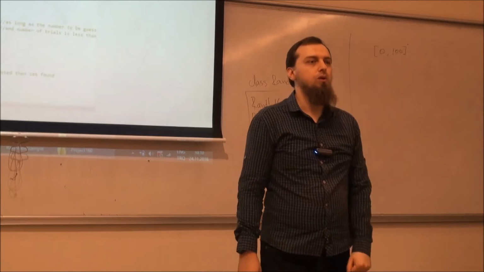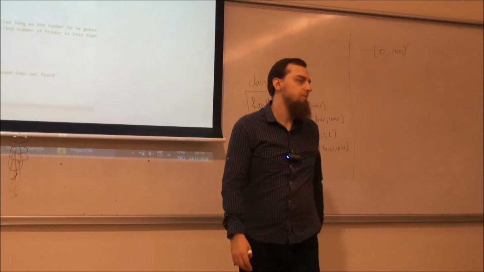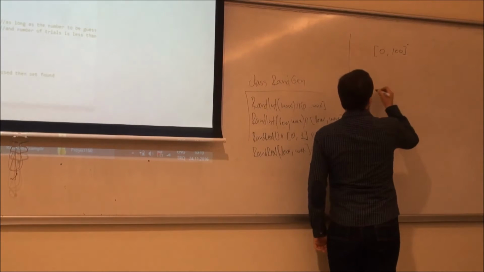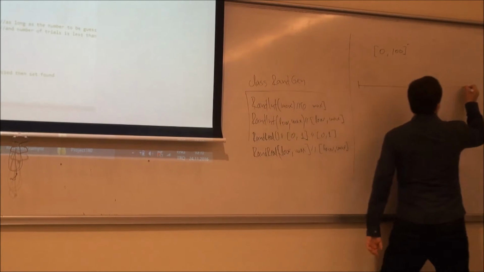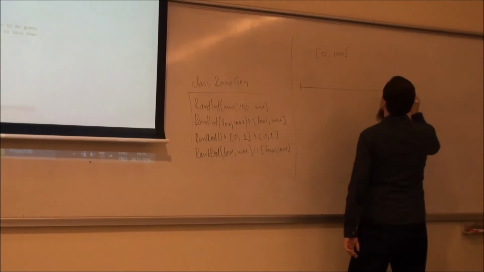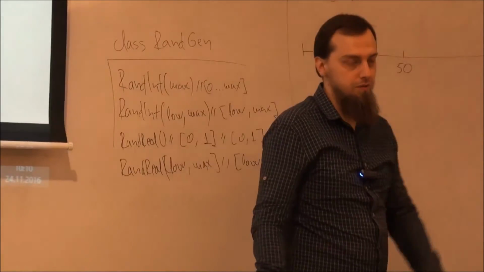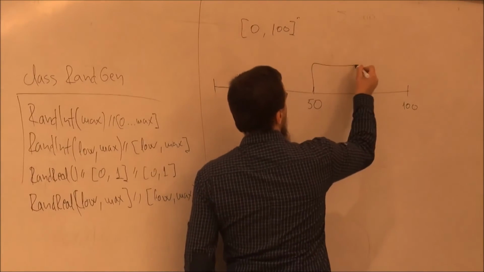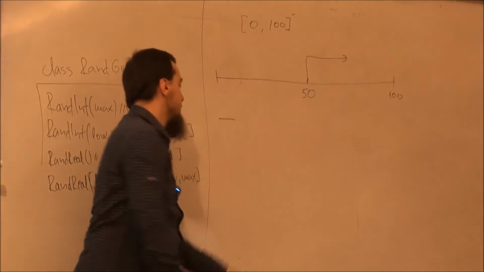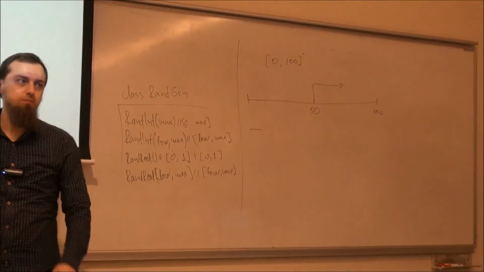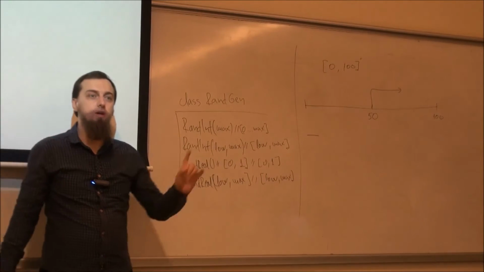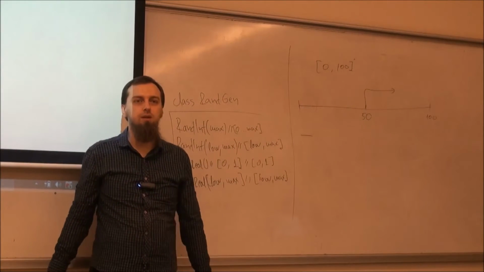Okay, give me a clue. Very nice. 50. So this is from 0 to 100, and 50 is here somewhere. And I'm saying, no, it's not 50, it's greater than 50. So, you used one guess. It's not 50, but nice one. It's greater. Another guess, come on.